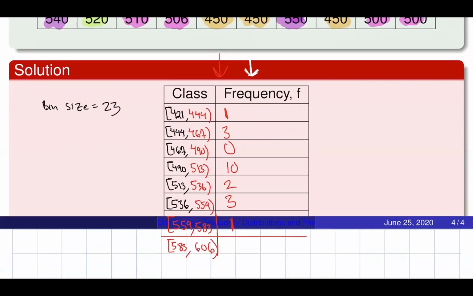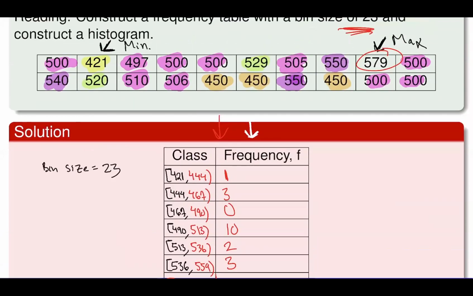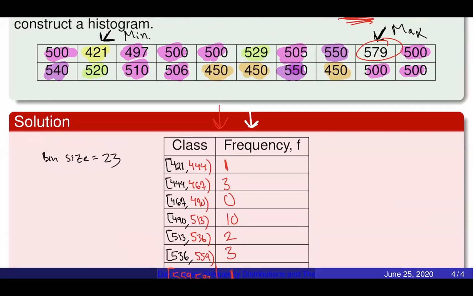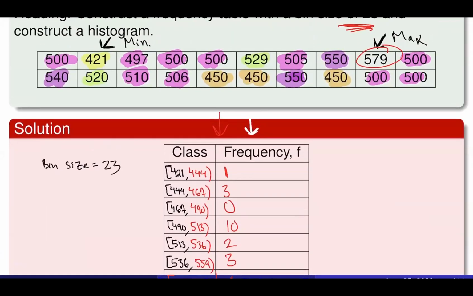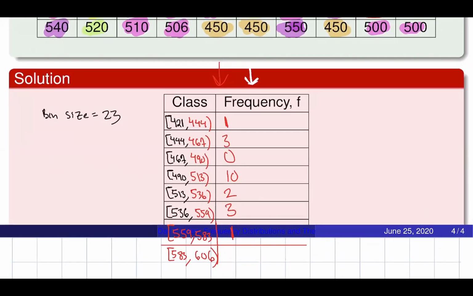Oh, sorry. If there were to be two 559s, hypothetically speaking, would we put them in both frequency columns? Well, if you have 559, both of them will go right here.